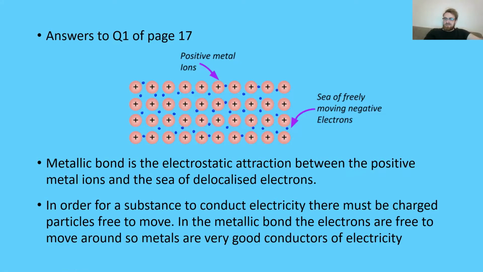That's why ionic substances don't conduct until they're dissolved or molten, because the ions aren't free to move until you dissolve or melt it. But in metallic bonds, the electrons are always free to move no matter what state it's in, solid or liquid. So metals are really good conductors of electricity because those delocalized electrons are free to move as they please. That is the answers to question 1 on page 17.